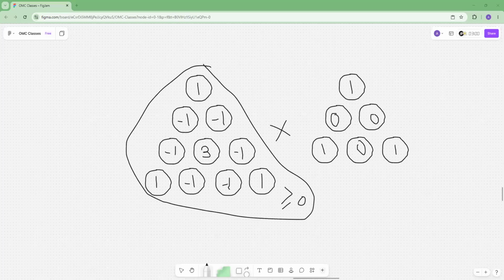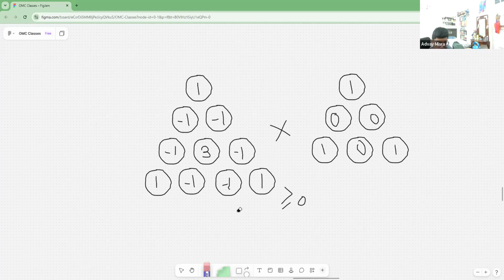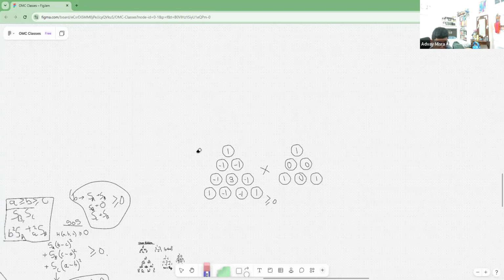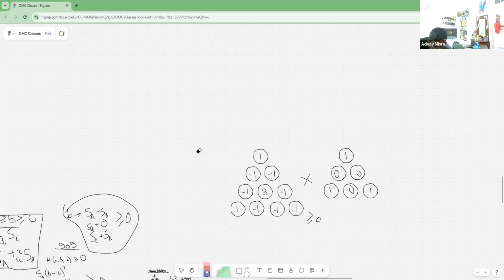Is that just Schur's inequality? Yes, this is Schur's inequality on degree 3. Wait, what is Schur's inequality statement? Schur's inequality can be stated like this.